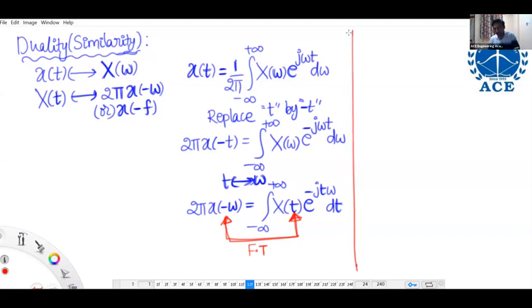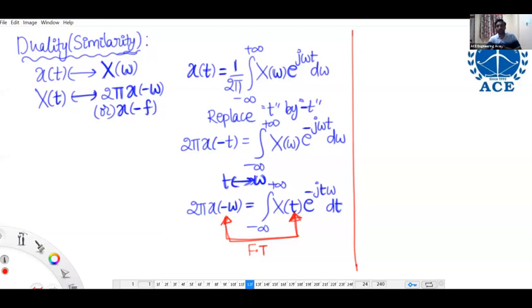One application of duality, for easy understanding: when we go to a photo studio, from the negative we can generate the photograph, and from the photograph we can create the negative. Negative to photograph, photograph to negative.